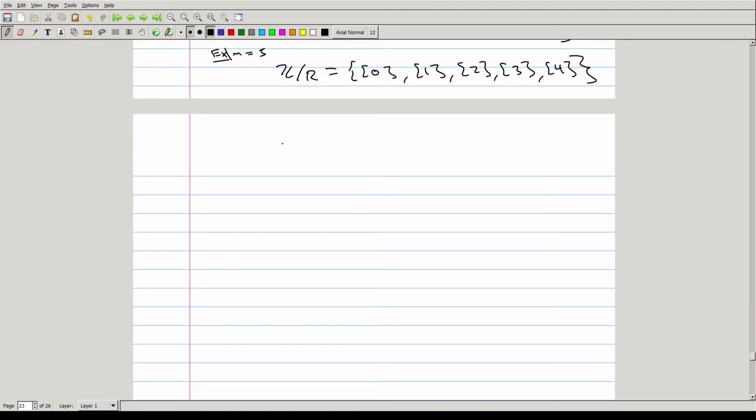For instance, if I take an element x that's in the equivalence class of 3 and an element y that's in the equivalence class of 4, then x plus y is going to be an element in the equivalence class of 3 plus 1, 2, 3, 4. So it'll be the equivalence class of 2.